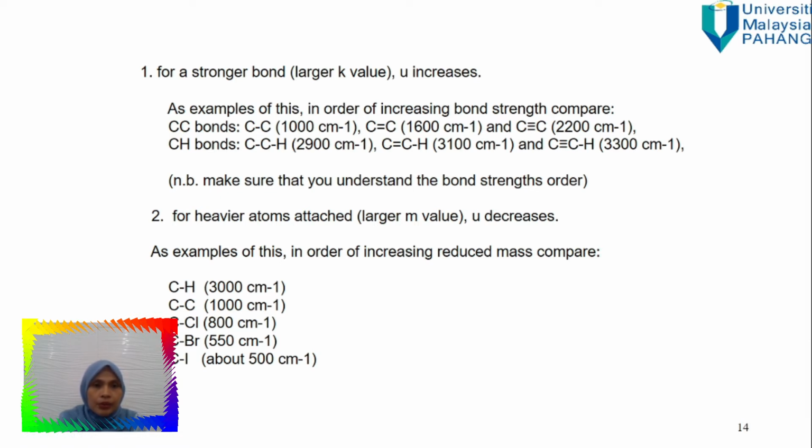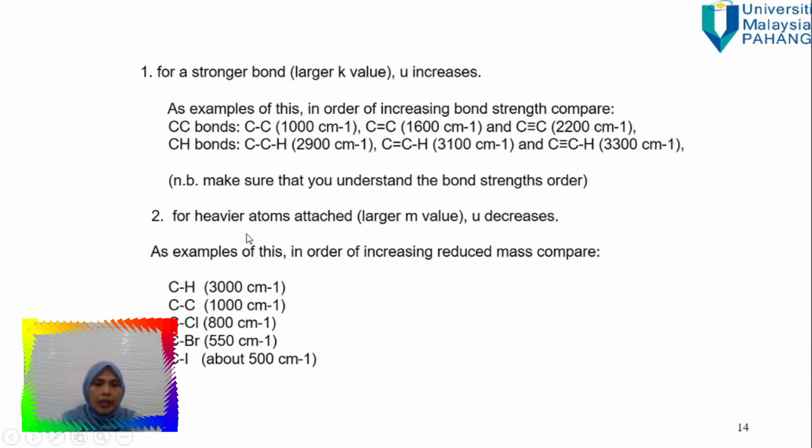Example number 2 relates to the mass. When the mass of the atom is increased, the wave number will decrease. We can see C double bond C has a higher mass, so the wave number decreases because the wave number is inversely proportional to the mass.